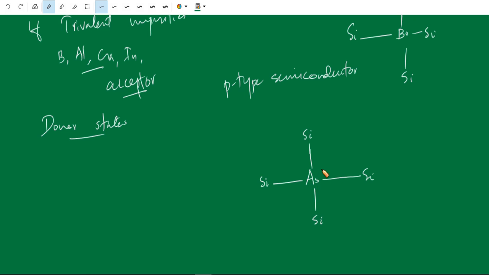Here there will be one excess electron, and this arsenic atom, the pentavalent atom, acts as a positive ion because this electron is free. This electron revolves around this positive arsenic ion. So let us calculate the ionization energy of the electron. Let us consider the ionization energy of the donor atom.